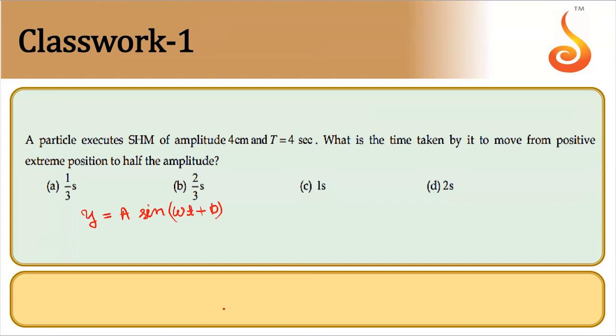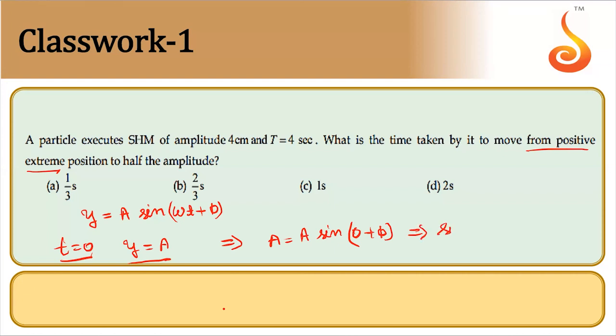So if it starts from positive extreme, so at t is equal to 0, y should be equal to a, which means a is equal to a sine of 0 plus phi, correct? So a gets cancelled.